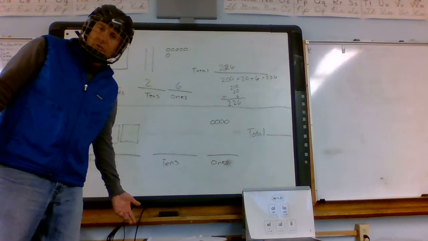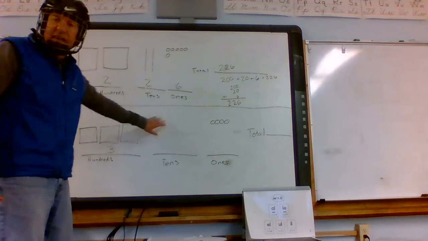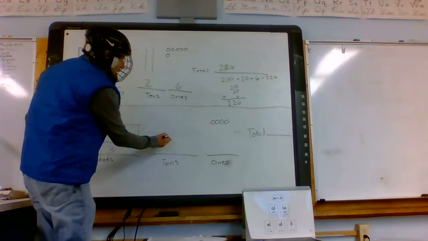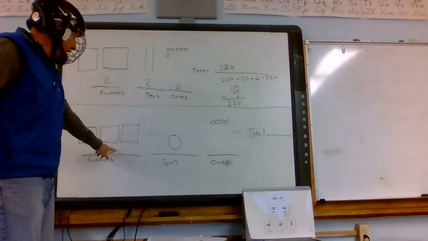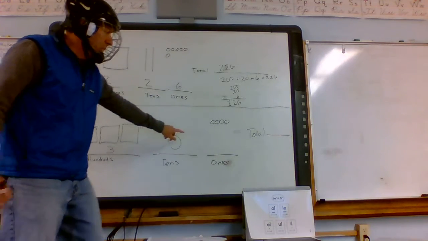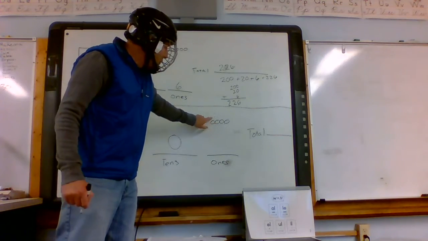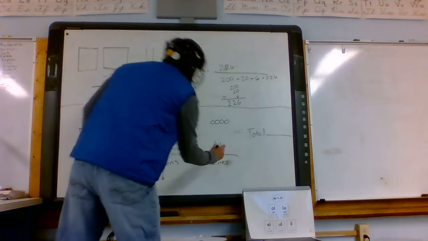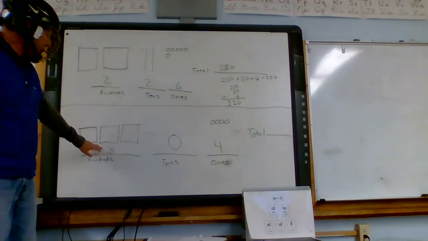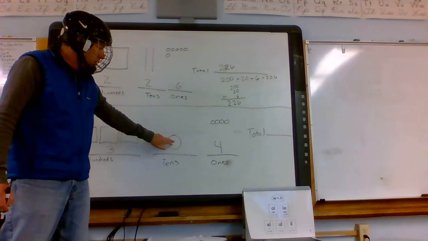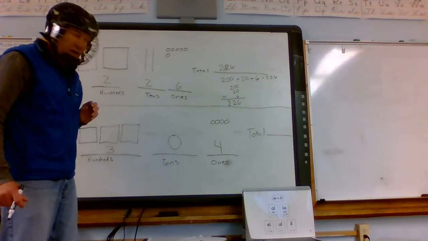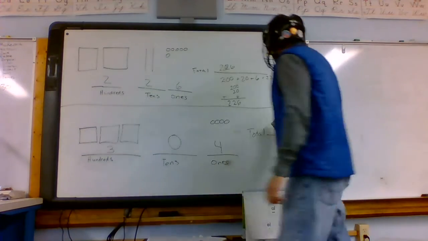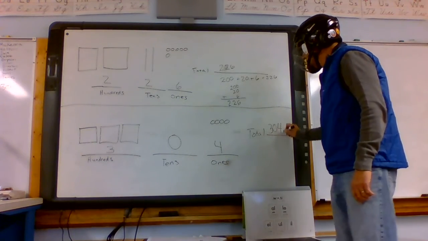No. So how many tens? 0. 3 hundreds, 0 tens, but how many ones do we have? 1, 2, 3, 4. 4. What is the total? 300, not 40, 304.